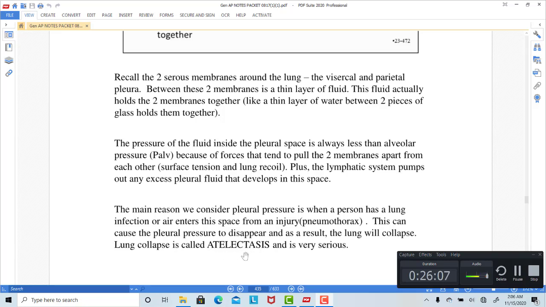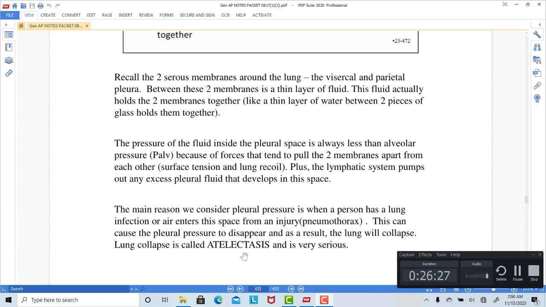That can happen spontaneously as air enters the lungs, say from a broken rib during an accident, from a gunshot wound, from a stabbing, or from surgery. What we do to repair a lung collapse is give someone what we call a chest tube.